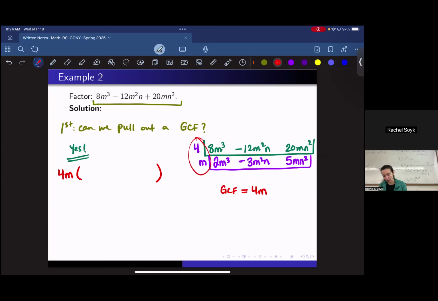I should have written it down over here. When we pull out the m, what are we left with? 2m squared minus 3mn, and then plus 5n squared.